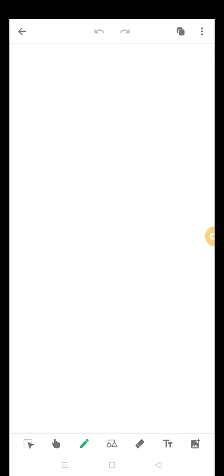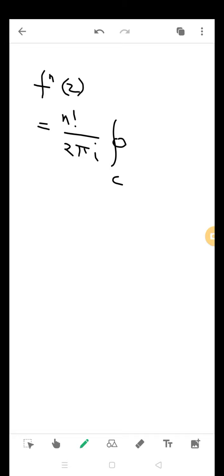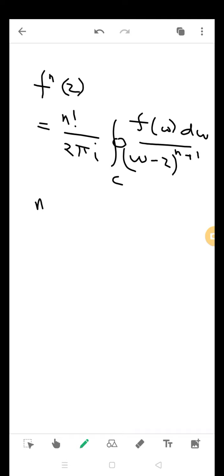We can write the nth derivative of a complex function f as f^(n)(z), and it is given as n factorial divided by 2 pi i, integral over C of f(omega) divided by (omega minus z) to the power n plus 1, d omega, where n can take any values from 0, 1, 2, 3. This is the nth derivative of a complex function.